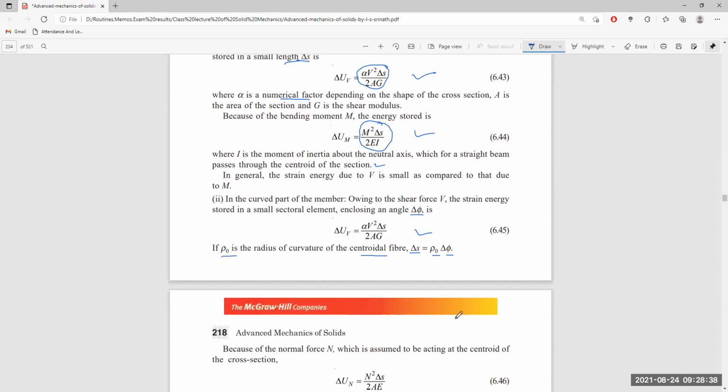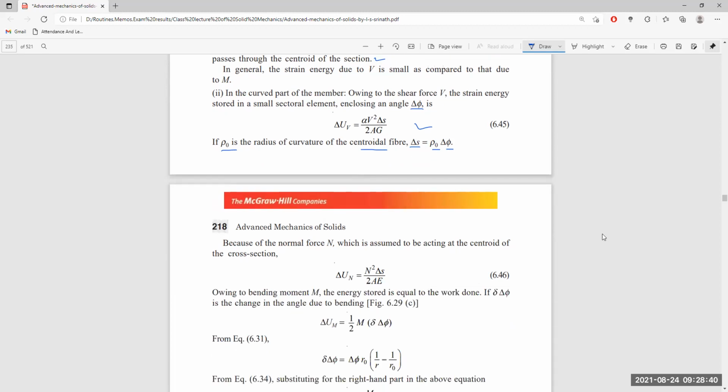Because of the normal force, which is assumed to be acting at the centroid of the cross section itself, this equation remains the same, M squared delta S divided by 2 A E I. Now, owing to the bending moment, the energy stored is equal to the work done.